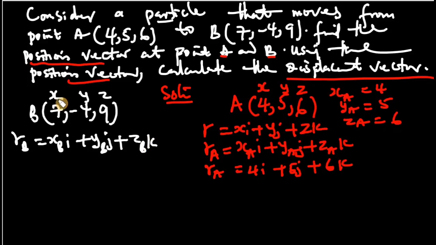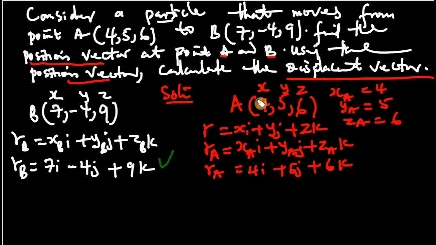And of course, you know that this is XB. So that RB will be 7i, YB is this, because of the minus here, plus this is 9, which is 9k.